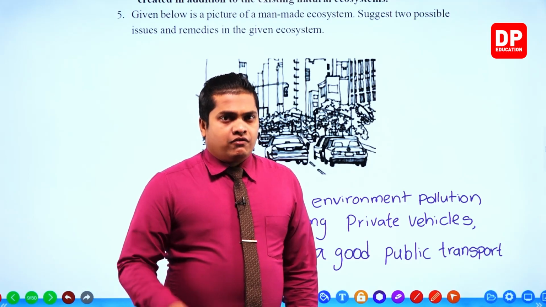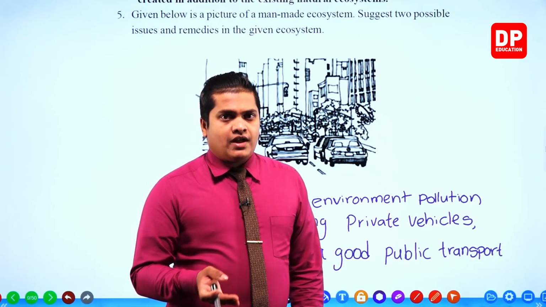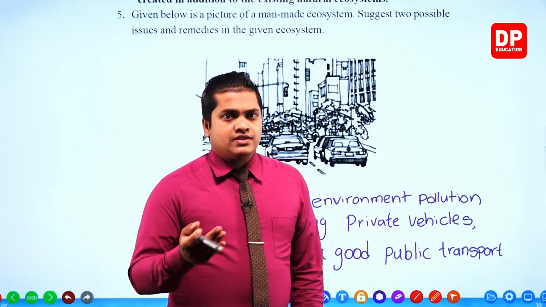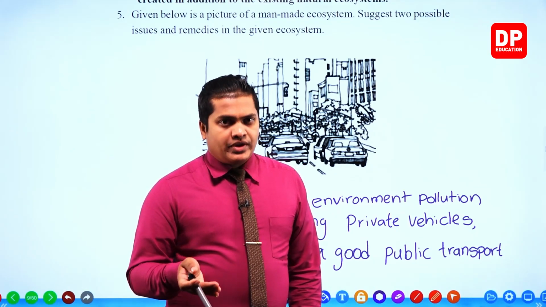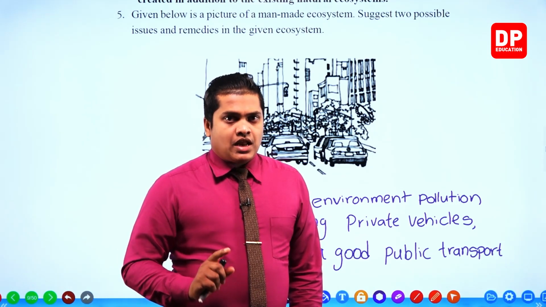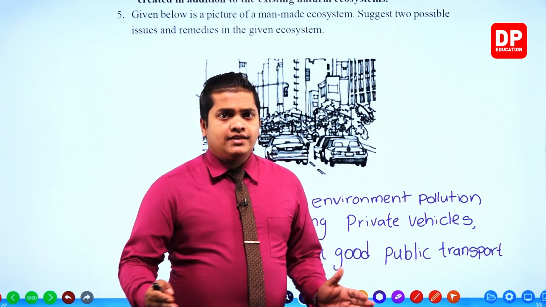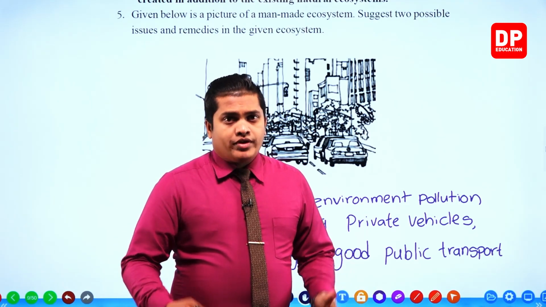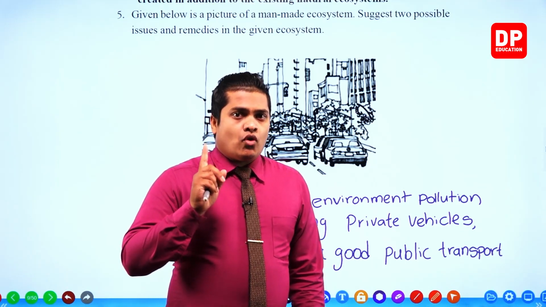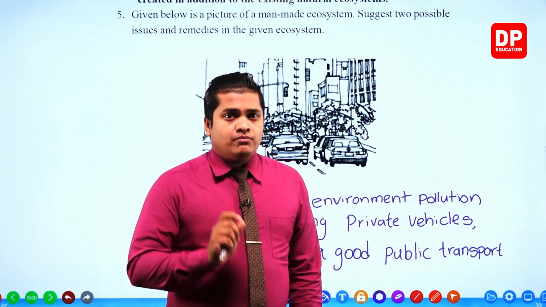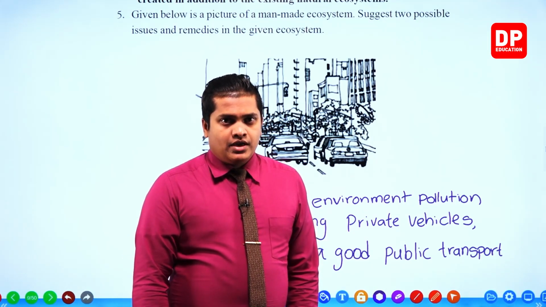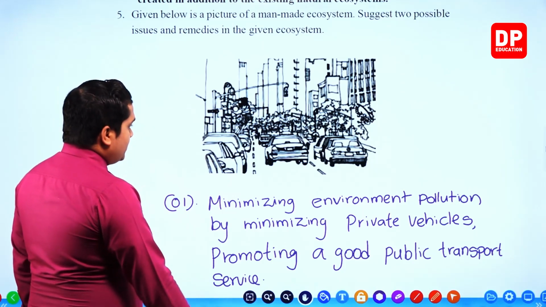Because photosynthesis is the method of absorbing carbon dioxide in a certain atmospheric region. So by increasing the vegetation, like planting trees at either side of the road, that would also increase the shelter, plus it would also help to absorb carbon dioxide gas within the atmosphere. Okay, so we can write the second one.